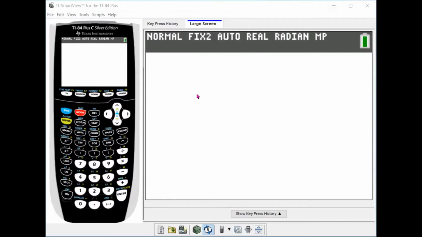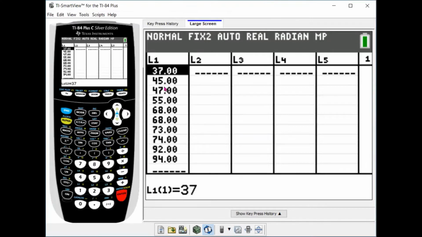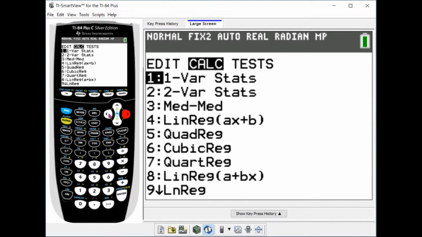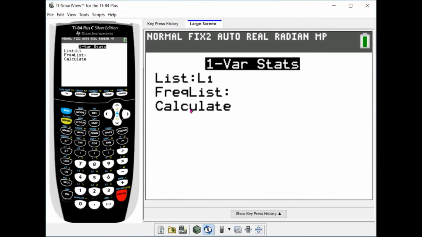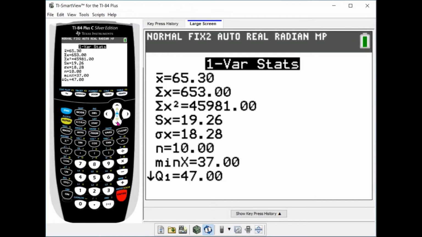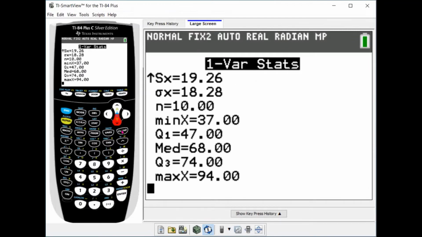In our TI-84 calculator, we go to stat, under edit number 1, and under list 1, we enter the data. Once we enter the data, we go to stat, calculate, one variable stat, and select calculate, and we'll be able to find the 5 number summary.